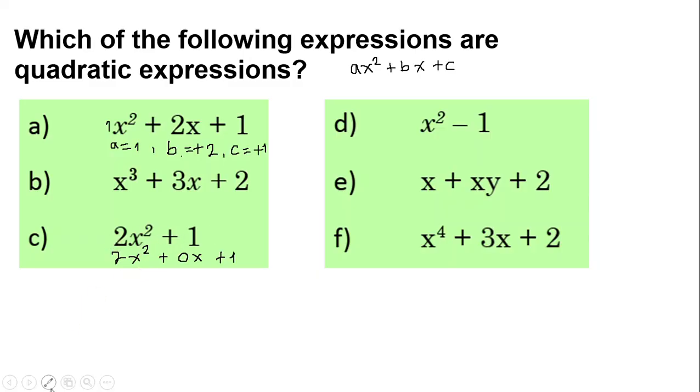So from this we can get the values of a, b, and c. So a is equal to 2, while b is 0, and c is positive 1.